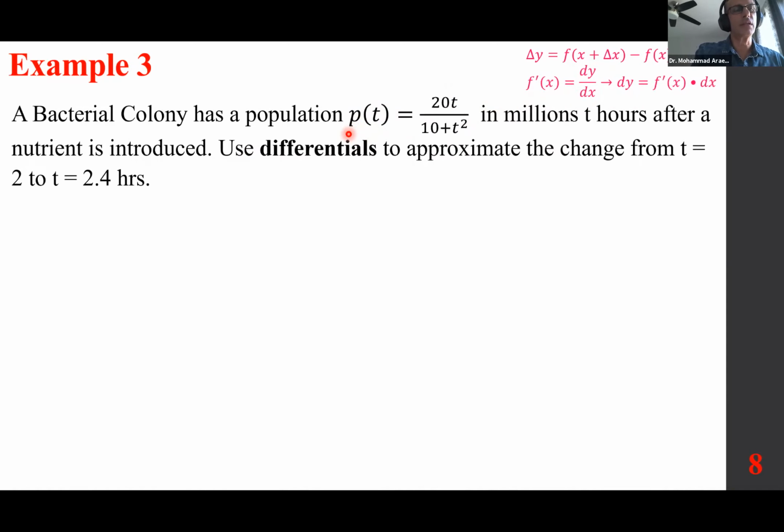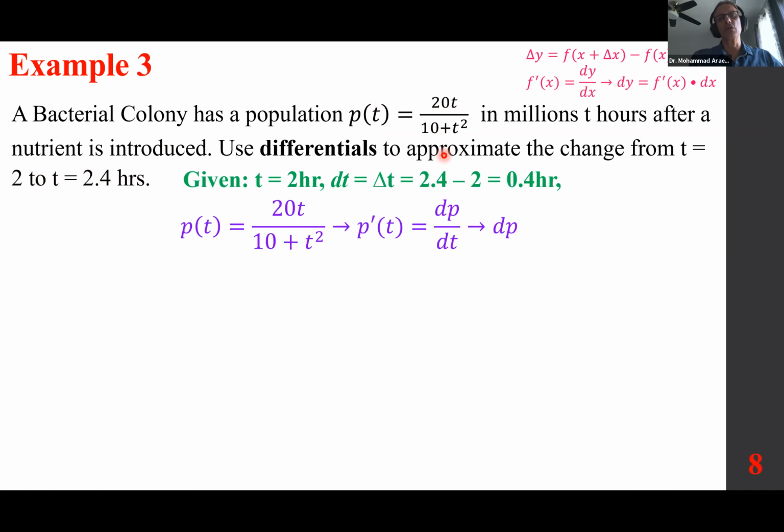So what is given? t is 2. We're going to go to 2.4. So their difference of 0.4 is delta t. Remember, instead of delta x, we're going to call it delta t because t is the independent variable. And P of t is given. So we want to find P prime of t, which is dP dt, and go to dP in essence.